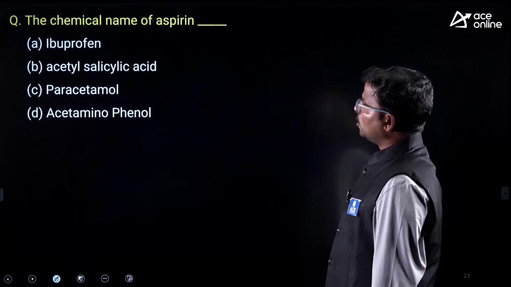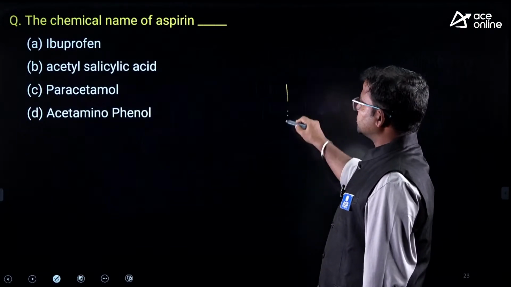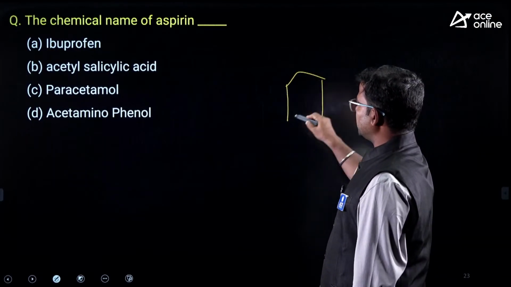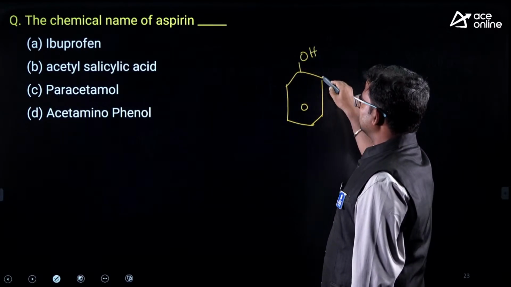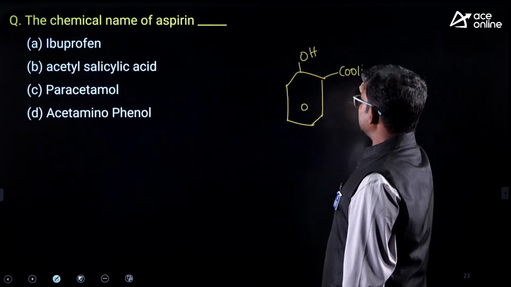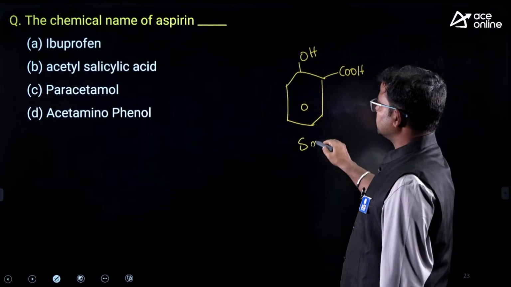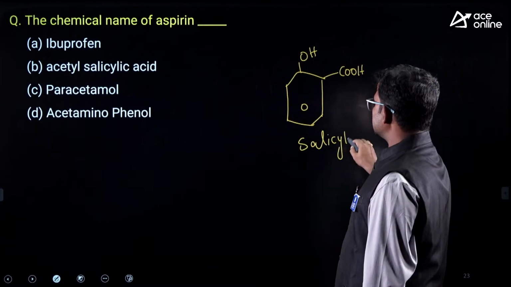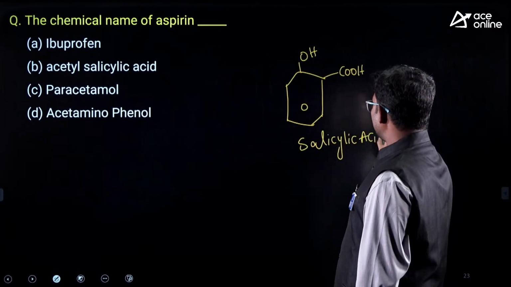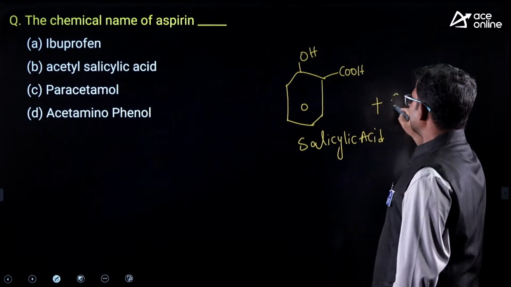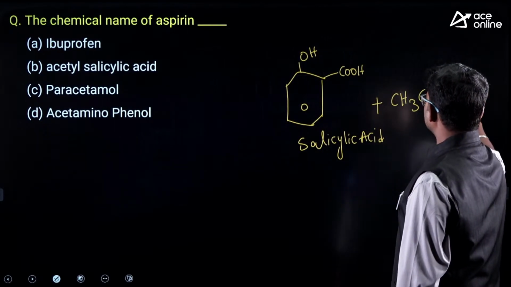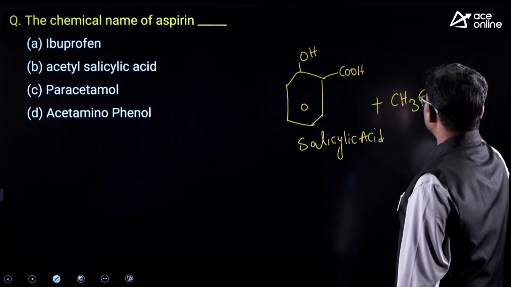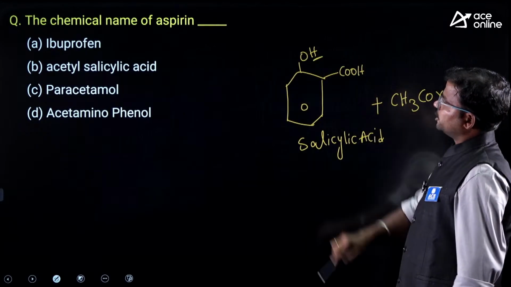Next, the chemical name of aspirin. Actually guys, aspirin is made by the acetylation of salicylic acid. This is salicylic acid. When this salicylic acid gets into acetylation, here acetylation takes place.